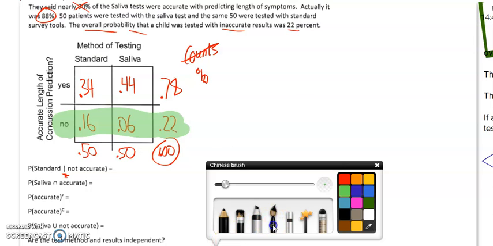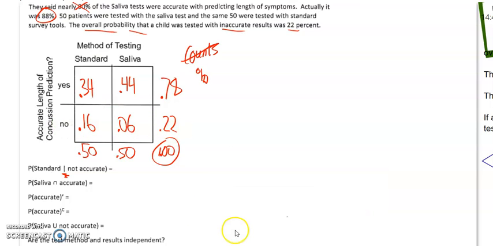And within that, what's the probability that they were standard given they were inaccurate? So it's out of that, I'm going to just undo that highlighted part just because I want to use this over and over. So standard was the 0.16 out of that 0.22.